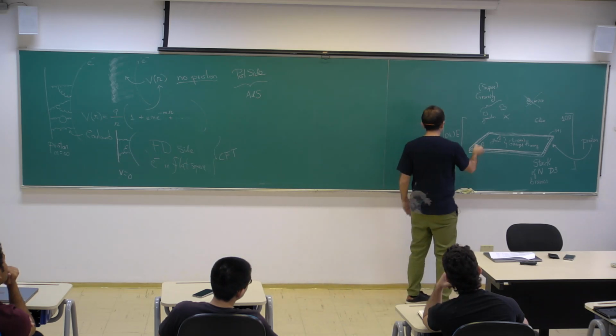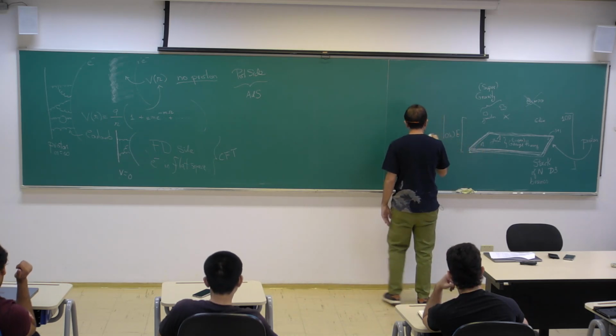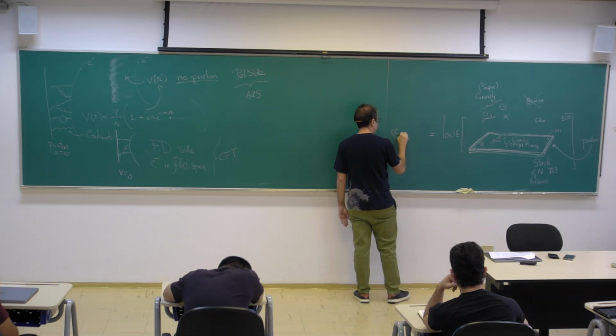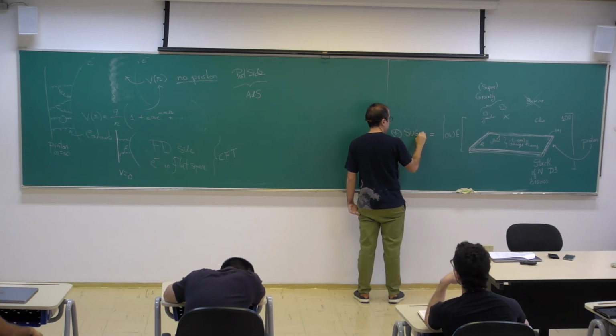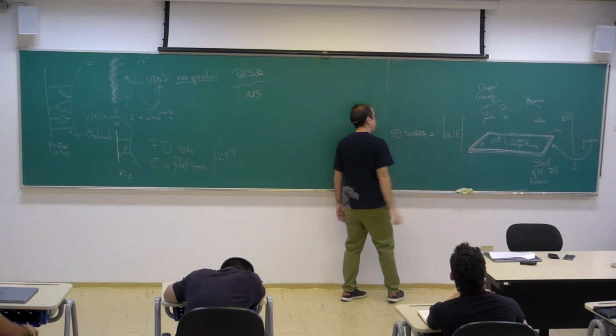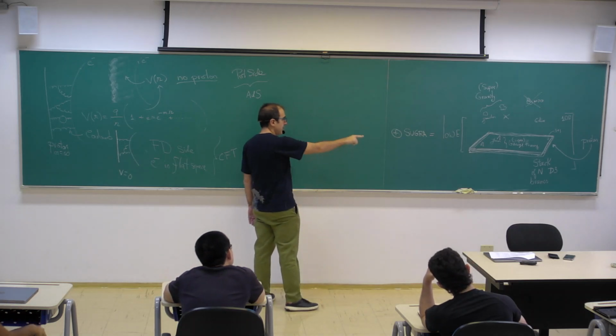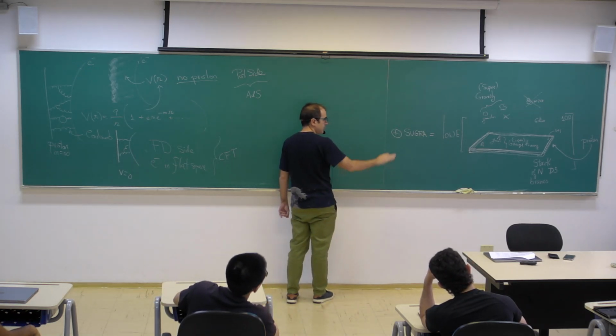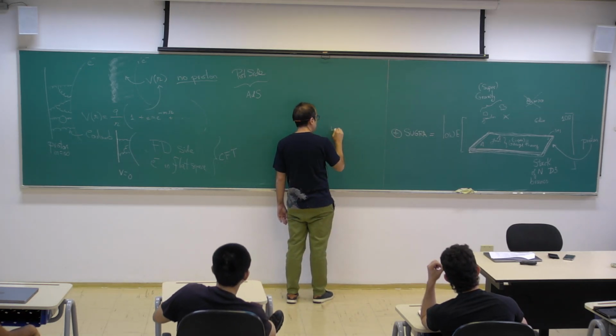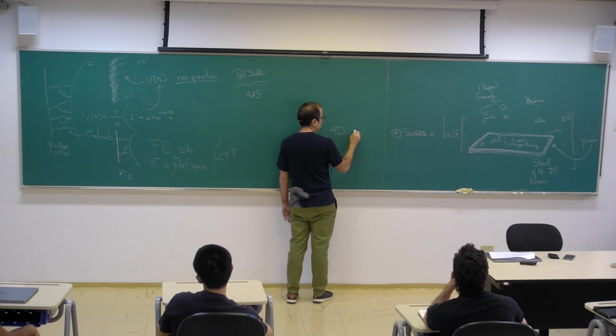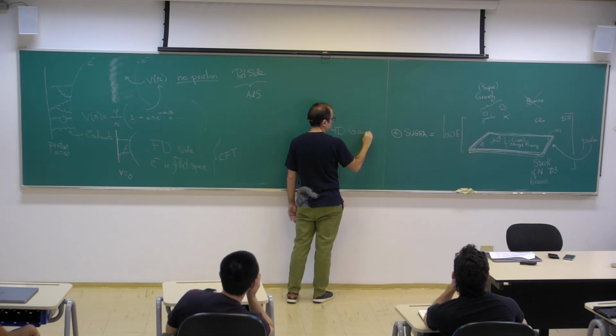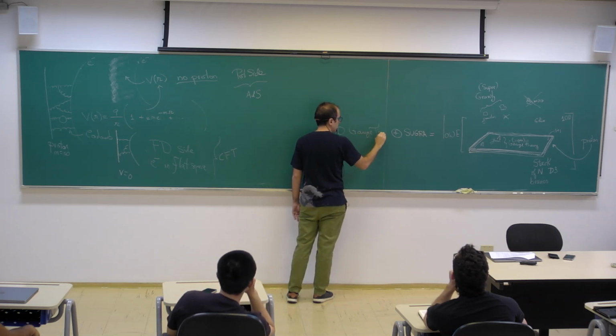And so the low energy degrees of freedom are supergravity plus the gauge theory that lives on those D3 branes, which is a 4-dimensional gauge theory. Why 4-dimension?